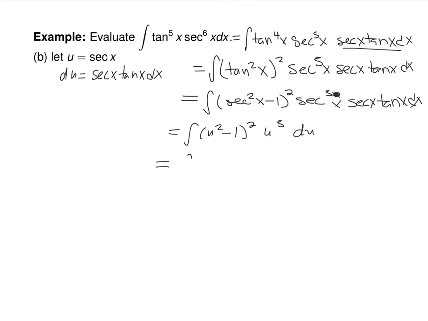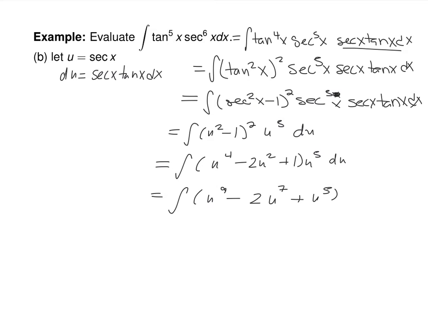In a pretty similar fashion to the previous method, we get u to the fourth minus 2u squared plus 1 times u to the fifth. Oh, the algebra. So we have the integral of u to the ninth minus 2u to the seventh plus u to the fifth du. Now let's anti-differentiate and plug everything back in.